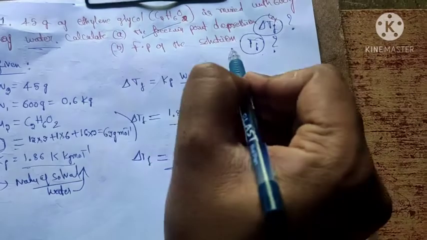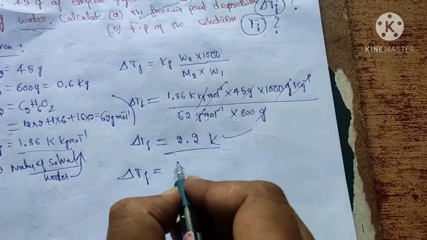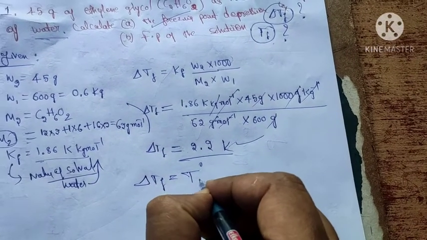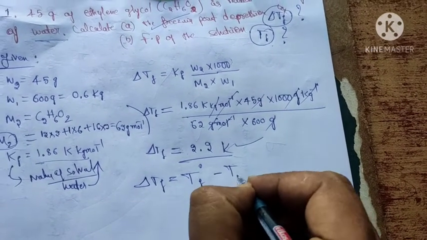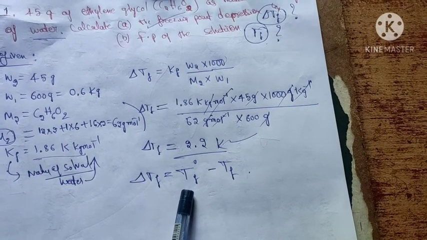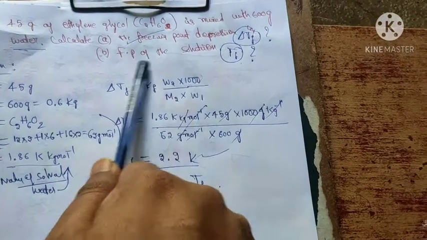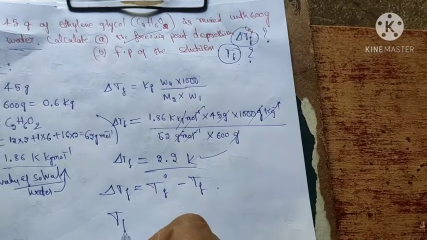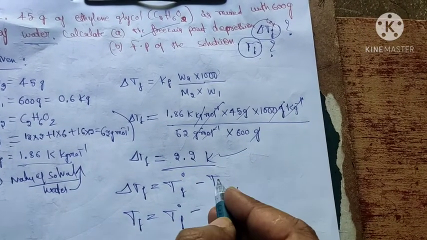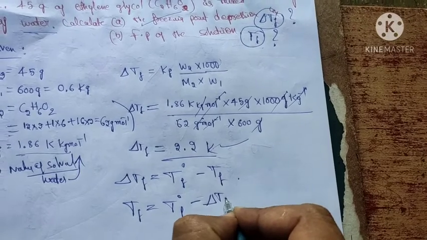But we want another one, the freezing point of the solution. So already we know delta TF is equal to T naught F minus TF. T naught F is the freezing point of pure solvent, and TF is the solution. We want the freezing point of the solution. So TF equals T naught F minus delta TF.